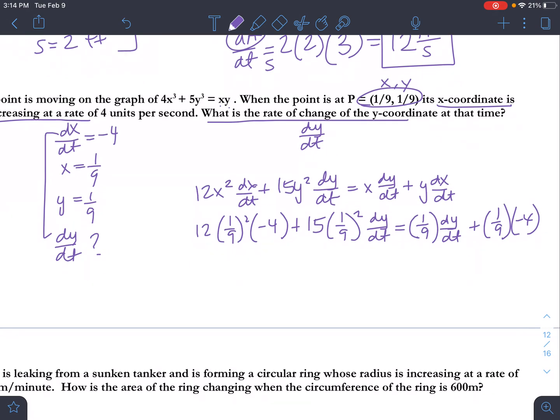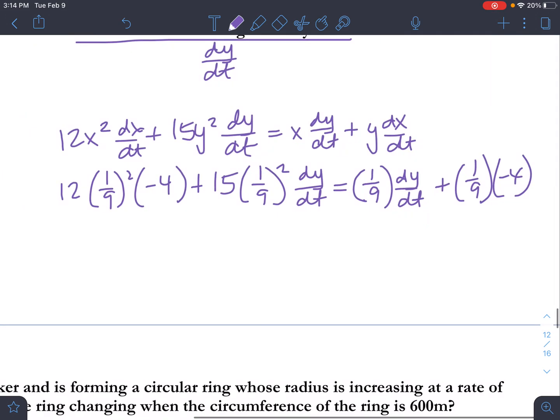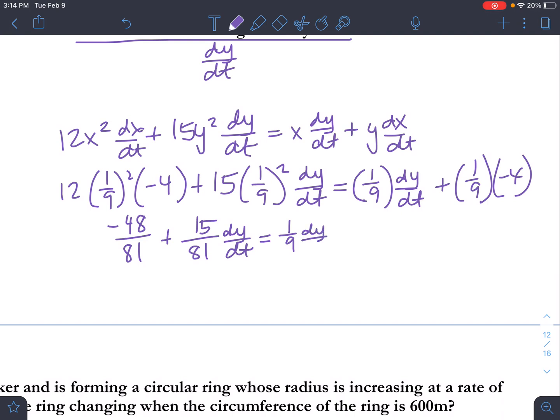Whew, okay, this has a lot going on, so I'm going to actually simplify it. It's not too bad. It looks a little intimidating with the fractions, but no matter what, you need to get dy/dt by itself. It could be a totally unsimplified fraction for your response. Remember, you don't have to get a simplified answer. So if we multiply these together, 12 times 1/81 times -4, this would be -48/81 plus 15/81 dy/dt equals 1/9 dy/dt, and this would be -4/9.